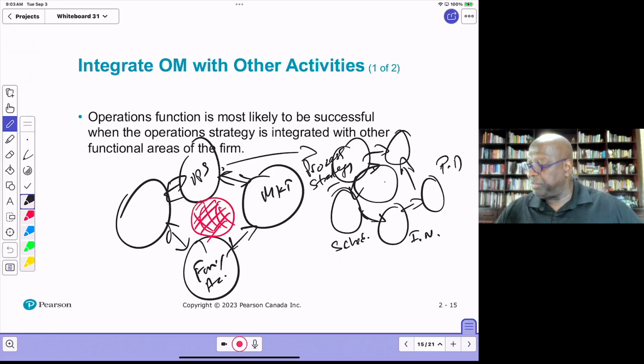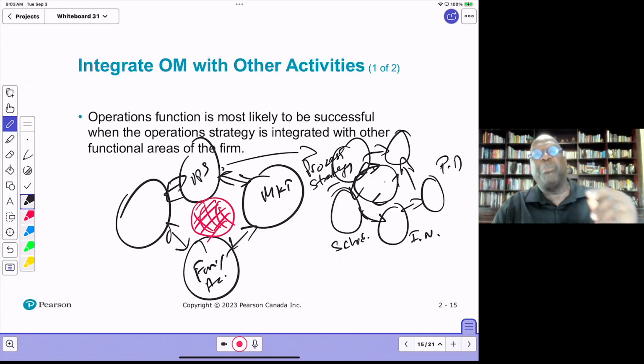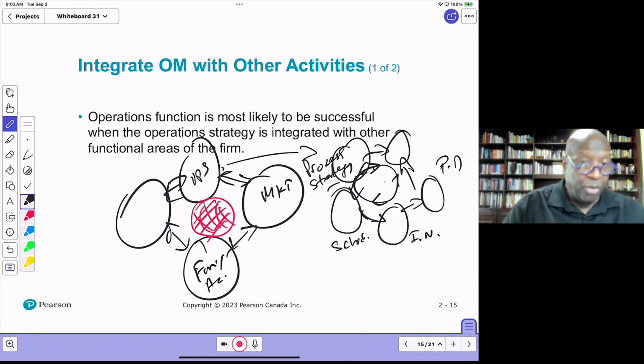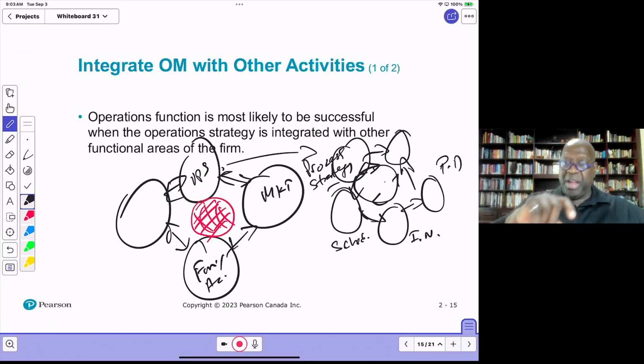So as they interact with each other, they must also integrate. So you cannot consider your process design in isolation from your product design, because your product design will have implications for the process that you use. If you're going to mass produce a product, you're going to need a process that allows you to be able to produce high volumes, and then that allows you to get the low cost that you're looking for.